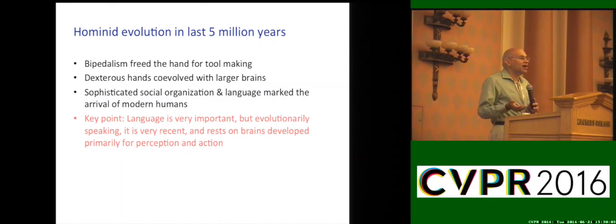Then after that you have sophisticated social organization and the development of language, which is of course very important. But my key point is that while language is very important, it arose on a substrate of perception and control which had been going on for 500 million years.